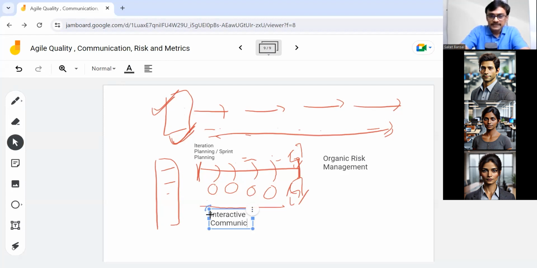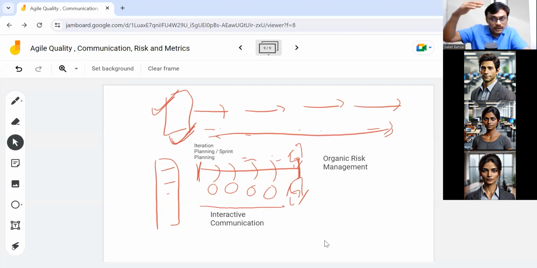So we can say that the agile way of working promotes interactive communication where everyone comes together and talks about what is happening. Every day we have a daily stand-up where we discuss what we have achieved, how well we are going toward our iteration goal, and what kind of adaptation we have to do. And that takes care of communication as well as incremental risks.